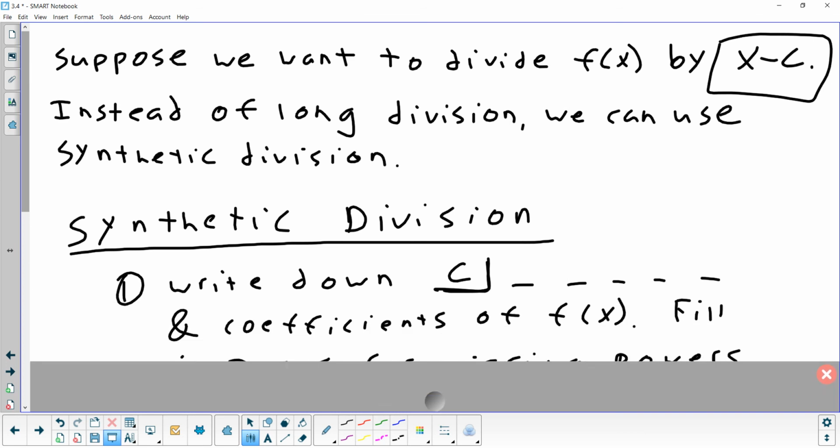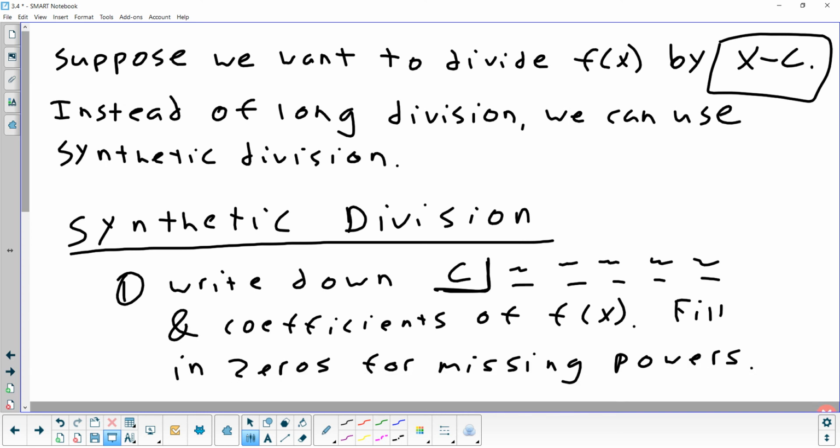Then, next to it, in these spots, you're going to write down the coefficients of your dividend, of your numerator. I put 5. I don't know if you're going to have 5. It depends on the problem. But you write down the coefficients of your numerator. Make sure you fill in any zeros for missing powers, just like we did yesterday.